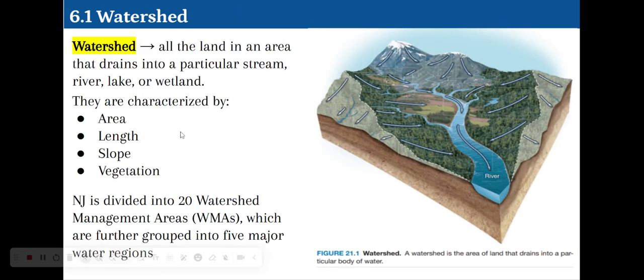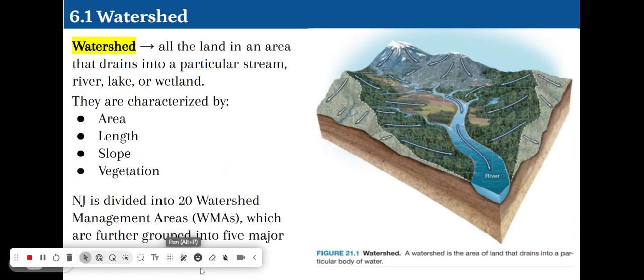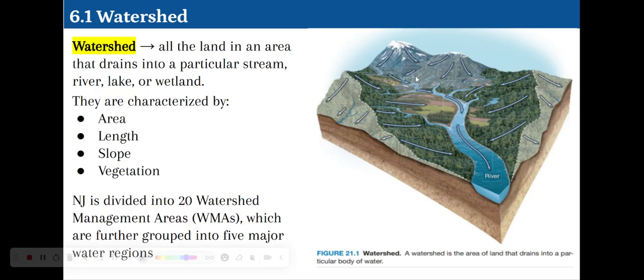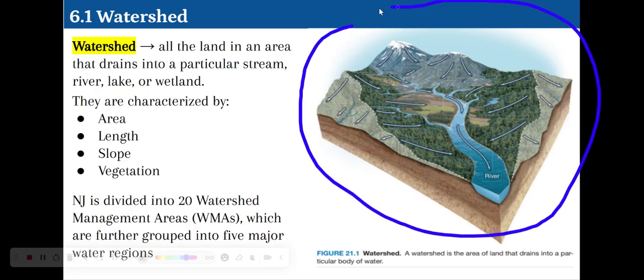Yes, okay. So this first topic is all about watersheds, and watersheds are all the land and area that's going to drain into a particular stream, lake, river, wetland. So if we take a look here, this whole area is a watershed, and you can see it's draining or going into a body of water.